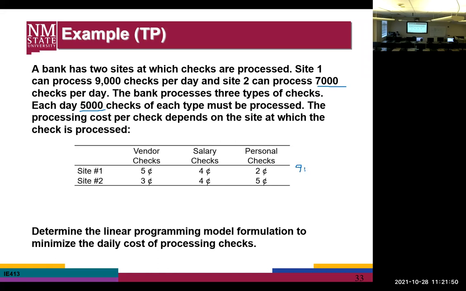So here, 9,000 goes here. 7,000. And demand is just 5,000 for each.